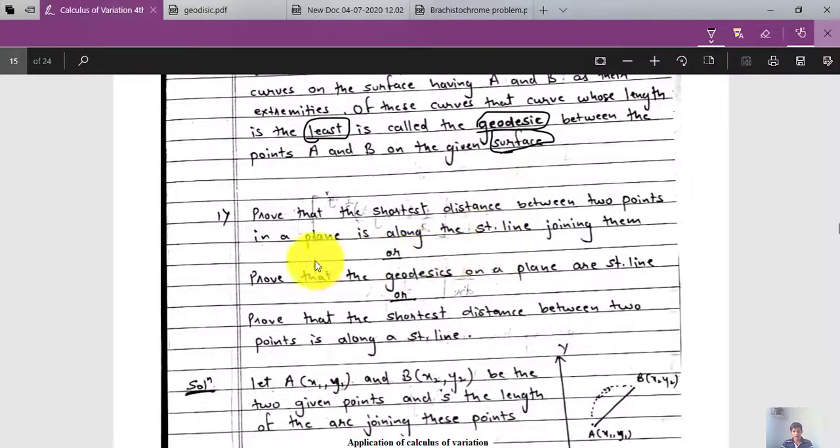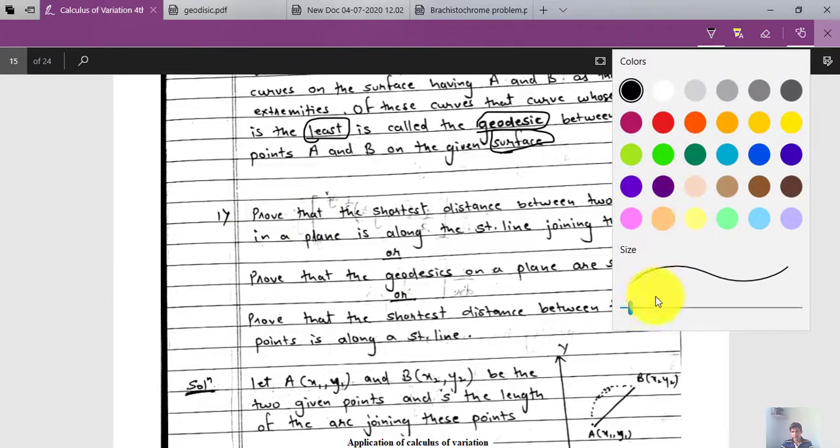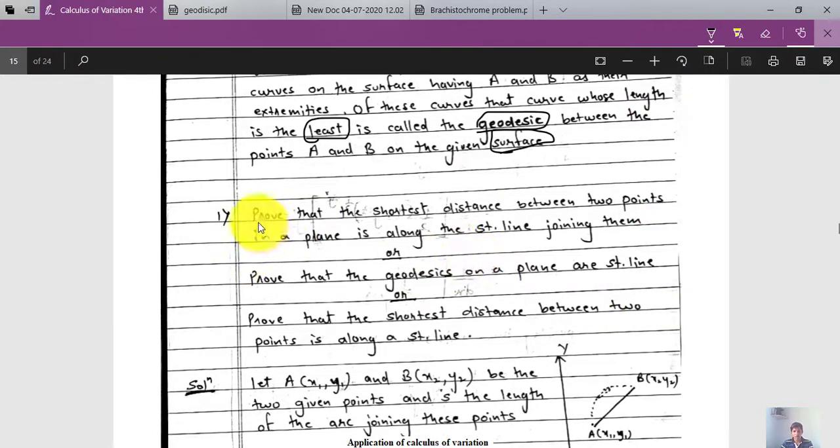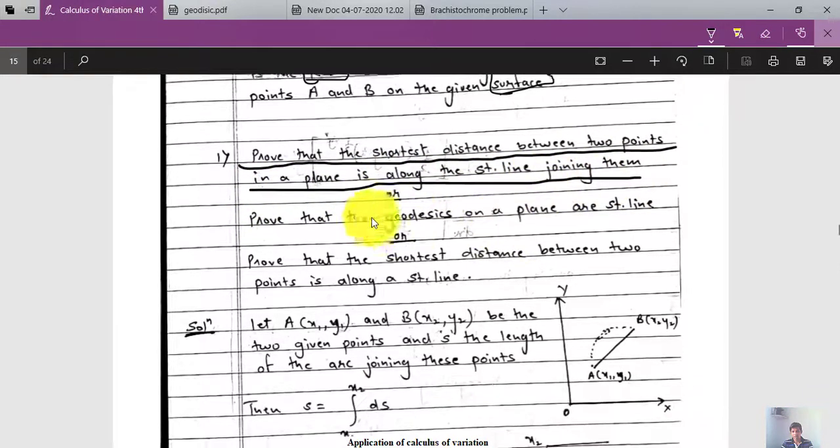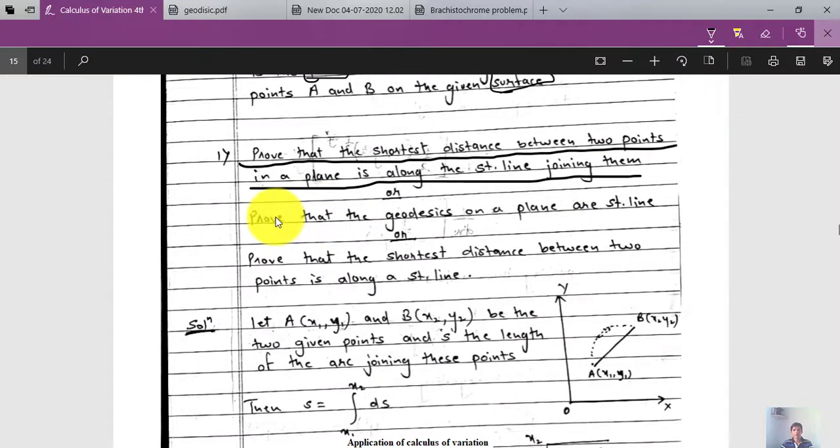Now this question is given as: prove that the shortest distance between 2 points in a plane is along the straight line joining them, right? Or the question might also be given as: prove that the geodesic on a plane is a straight line.